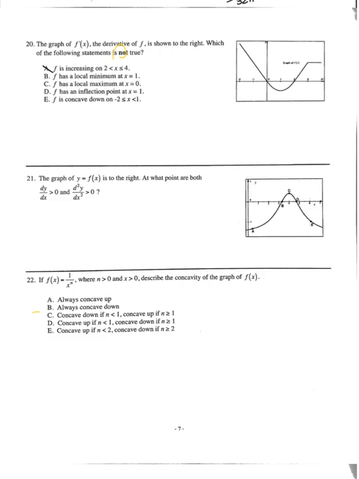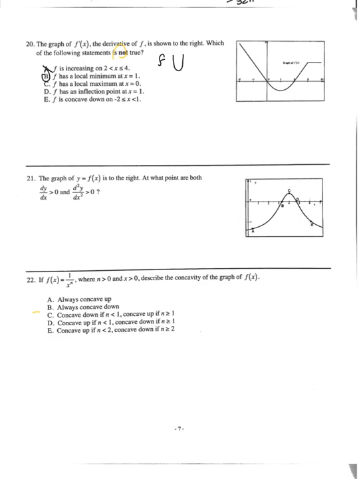So if we go to 1, look at the derivative. Does the derivative change sign there? No, right? If you had a min, so picture a min on a graph of f, the slope would be going from negative to positive. So that doesn't happen there. So there is no local min at 1.